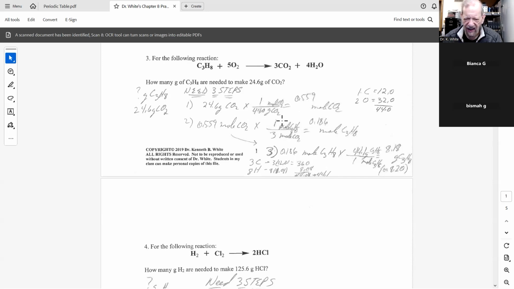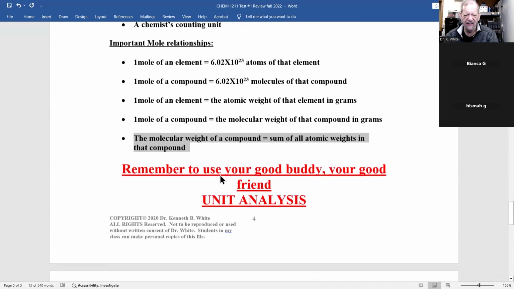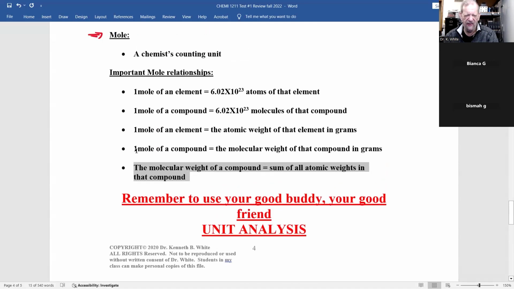And where do we get the relationship between 1 mole of a compound and its molecular weight? And this is important information. 1 mole of a compound equals the molecular weight in grams, and the molecular weight of a compound is the sum of all atomic weights.